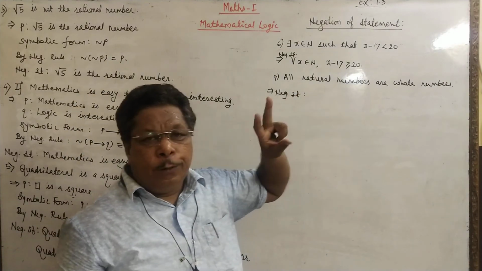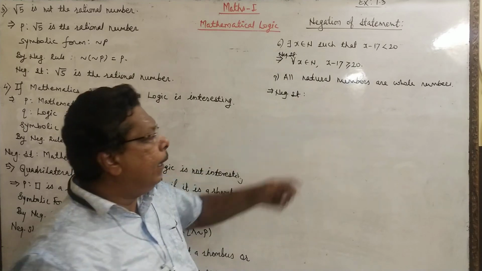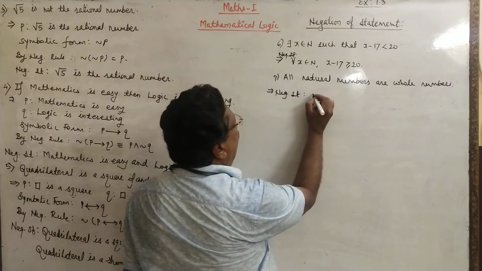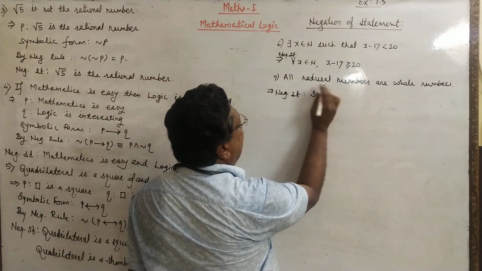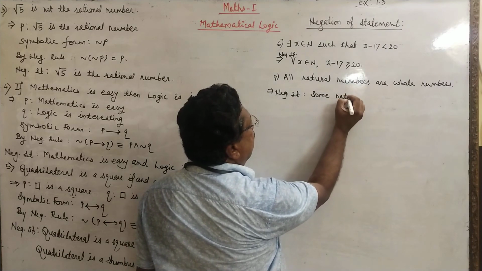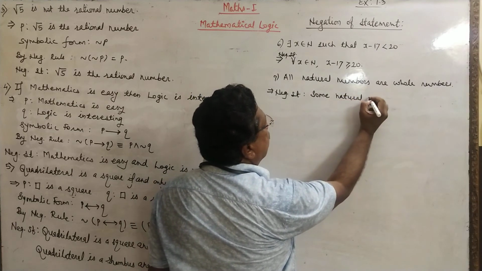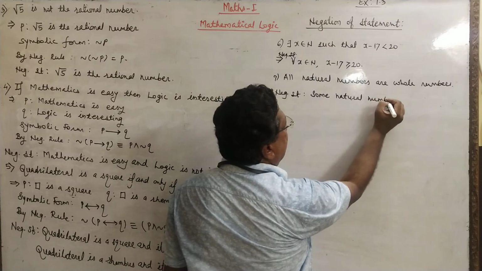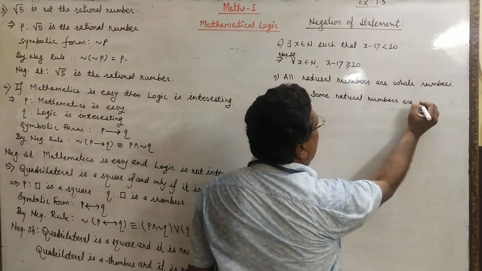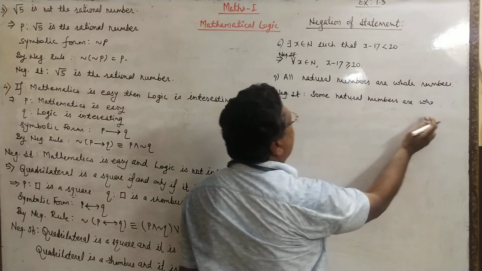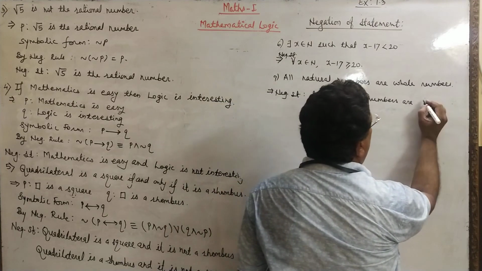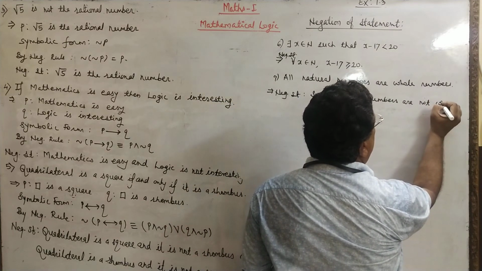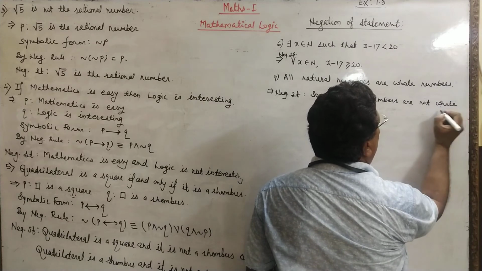If the statement is positive, make it negative. If it is negative, make it positive. So here, 'all' is replaced by 'some'. Some natural numbers are not whole numbers.